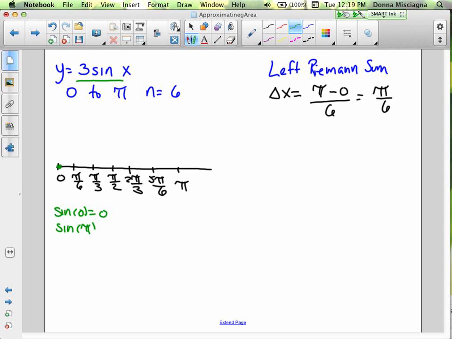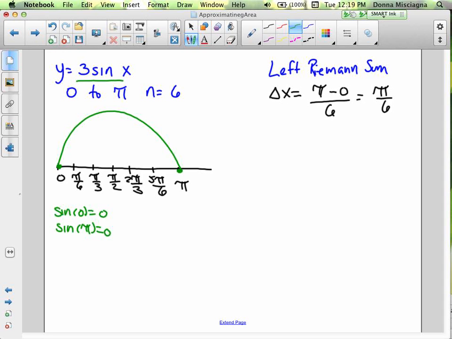Sine pi is also 0. And this whole time it's going to be up above, and then after pi it would go below, and the 3 is not going to change that. It just changes our altitude. So that's a good enough graph for this.